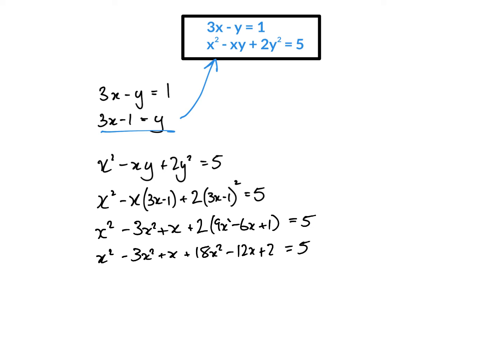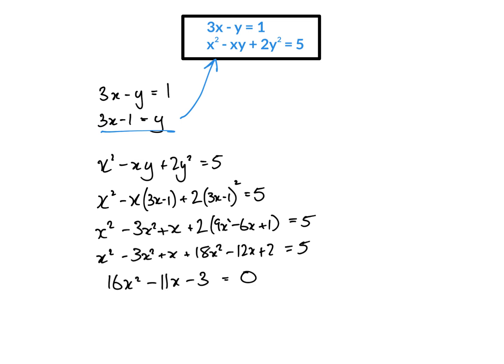Which looks quite messy, but actually there's only x squareds, x's, and number terms. It's a quadratic equation. And when we simplify it down, x squared minus 3x squared plus 18x squared is 16x squared. We have a plus x and a minus 12x, which is minus 11x. And then we have a 2 and a minus 5, so that's minus 3 equals 0.